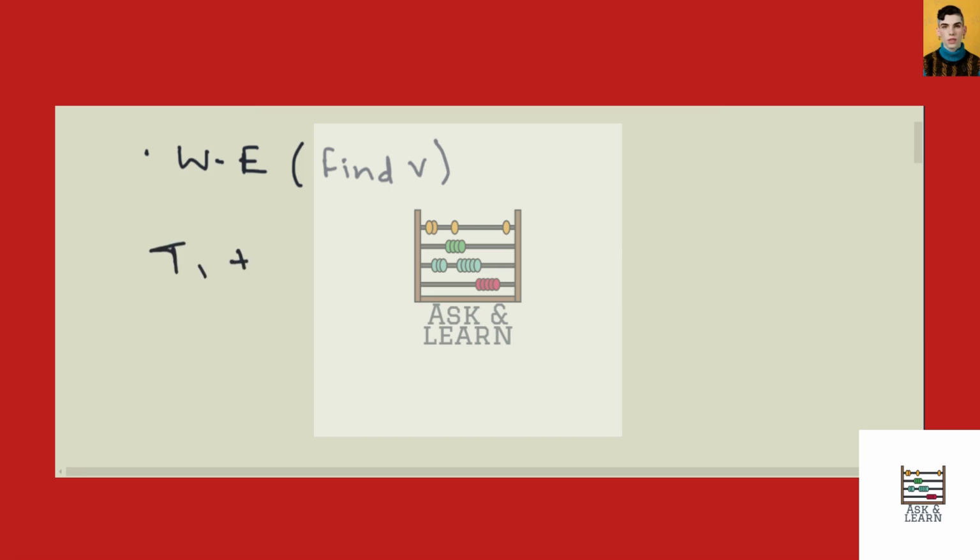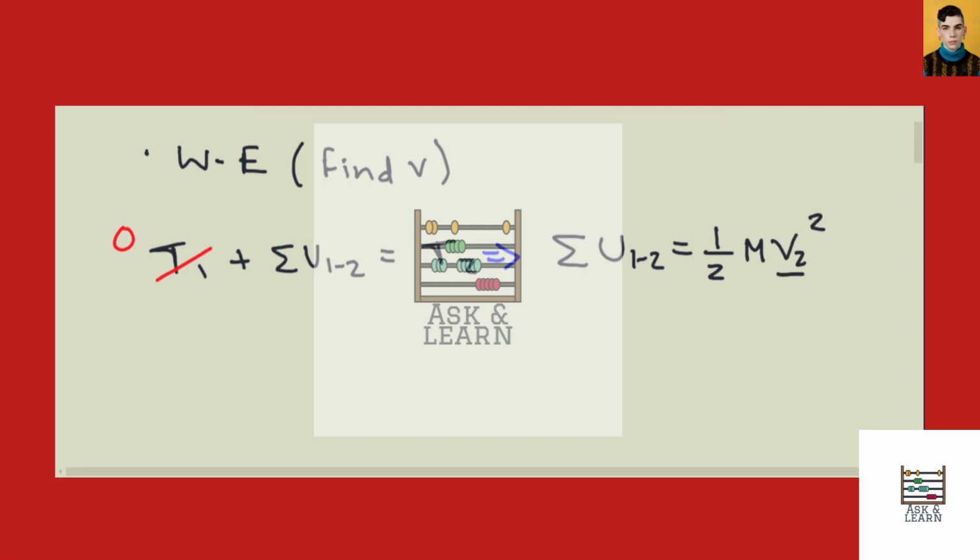And that's given as the initial kinetic energy plus the work done by the forces is equal to the final kinetic energy. Since the block is initially at rest, the initial kinetic energy is 0. So then this becomes the work done by the forces is equal to final kinetic energy, which is 1/2 m v2 squared, and v2 is what we're looking for.